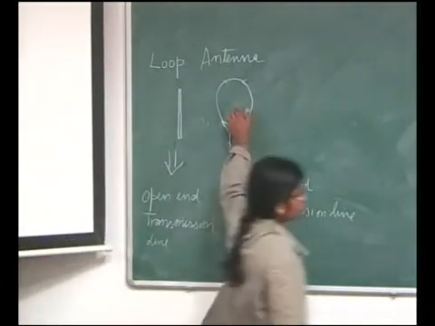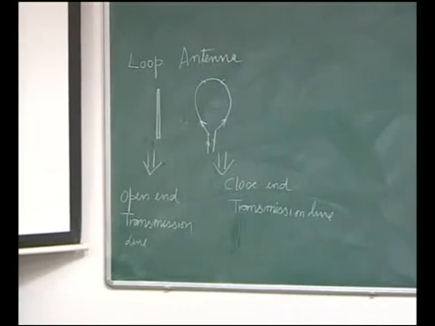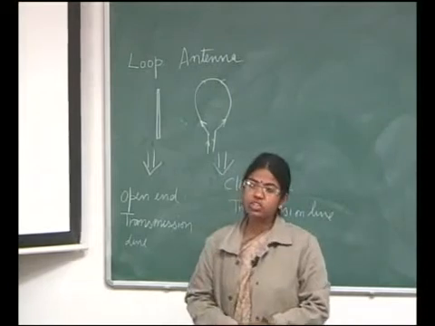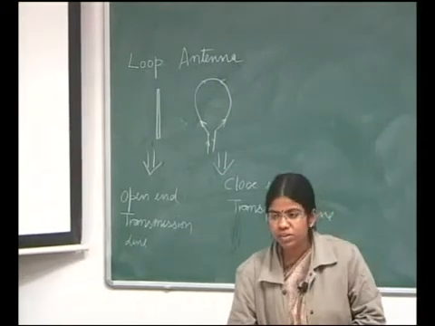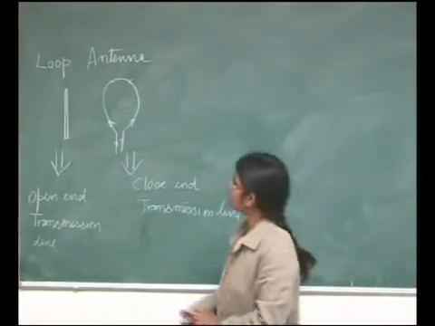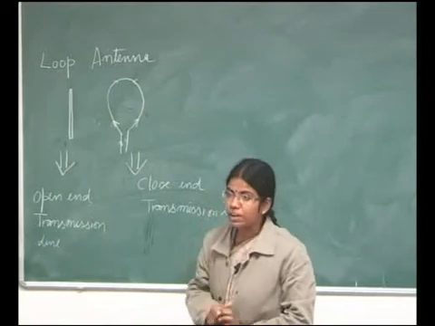So if the loop size is small, if I have a very small loop, then the voltage will be very small and would result in a large current. It would result in a large current and thus resulting in small resistance.